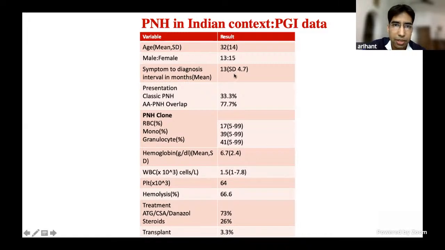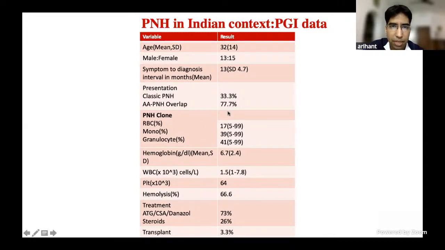What is again to be noted is that there is a significant delay from the symptom onset, which is typically anemia requiring transfusion, to the actual diagnosis of PNH, around 13 months in our case. Around one third of them had a classical PNH phenotype, while 77% of the patients had an AA-PNH overlap kind of phenotype.